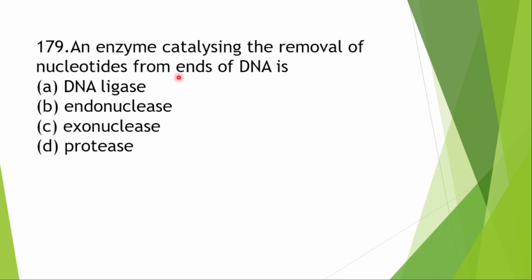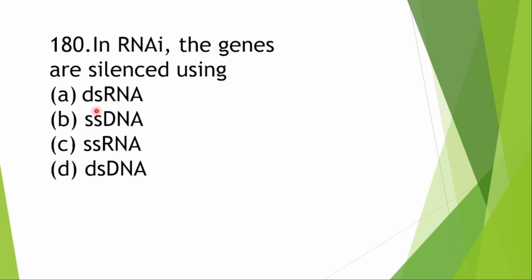Removal of nucleotides from the ends of the DNA, isn't it? Ends of the DNA is for exonuclease, that is C. Endonuclease cuts within the DNA. 180. In RNAi, the genes are silenced using double stranded RNA, ssDNA, ssRNA, dsDNA. The right option is option A itself.